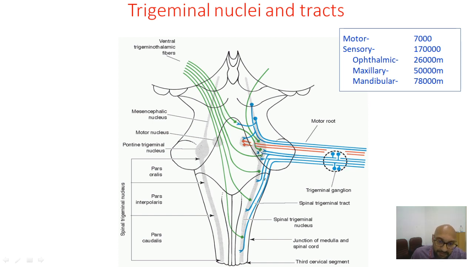Now, what happens to those that are there in the principal pontine nucleus? Here, again, there is a synapse on the second order neurons, and from there they either go on to the opposite side as a ventral trigeminothalamic tract, or they continue on the same side as the ipsilateral dorsal trigeminothalamic tract.